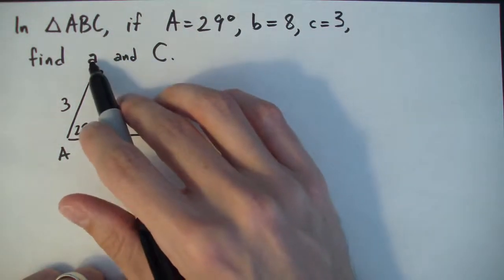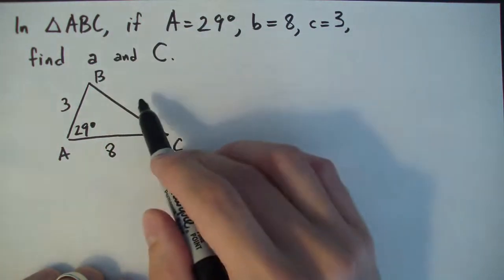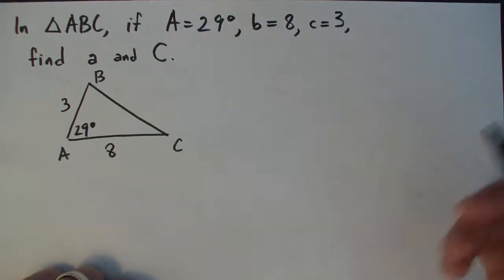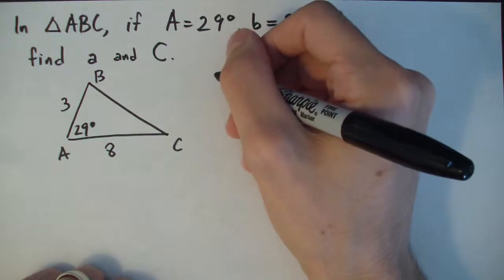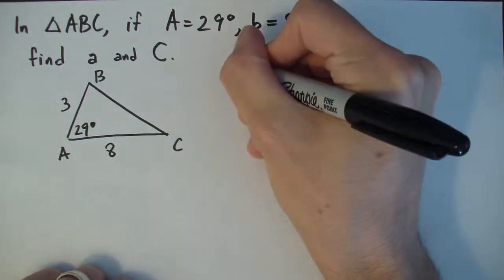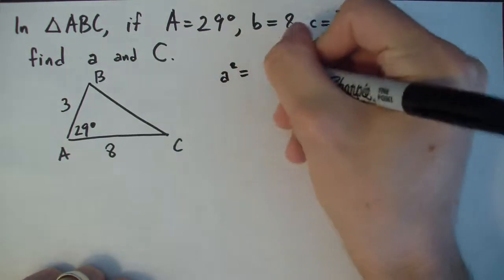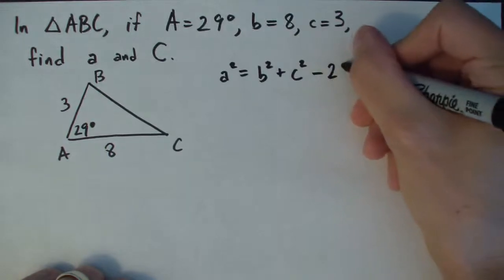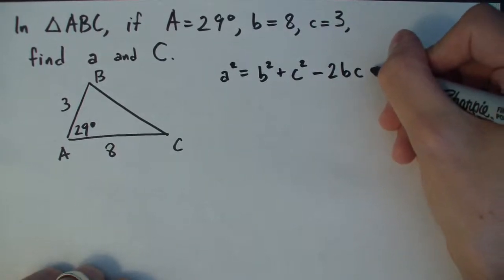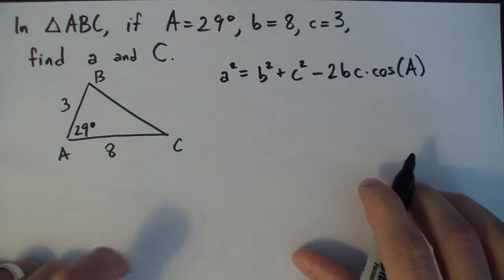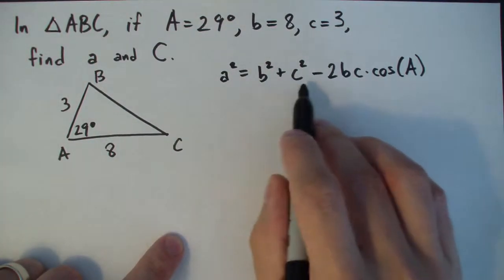So to find side A, we have exactly the information we need to apply the law of cosines. So let's remember what the law of cosines says here. We have that a squared equals b squared plus c squared minus 2bc times the cosine of A. And again, we have everything that we need here.